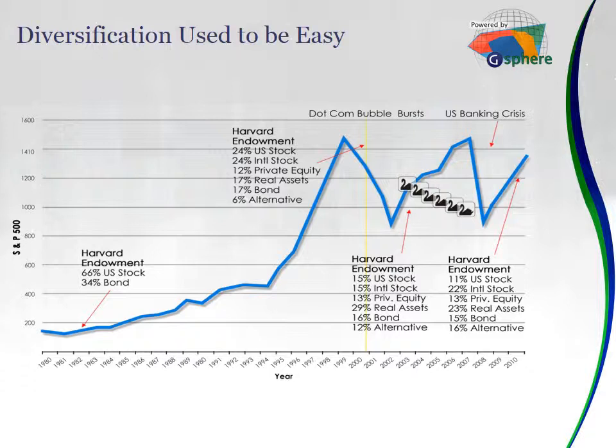Here, 66% stock, and now between U.S. and international, we're at 48%. Now we're down to 30%, circa 2004. Now we're at 33% into 2010. So they're needing to diversify more and more away from stocks.